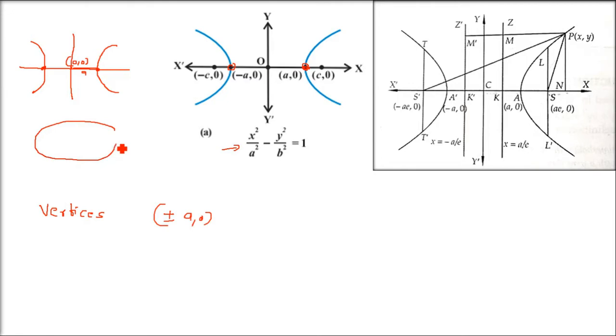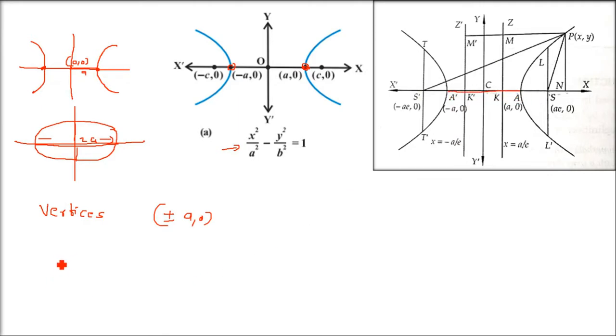If you remember, when we talked about the ellipse, we said that from here to here is the major axis, and the minor axis will also be there. Here we will change a bit: from A to A dash.